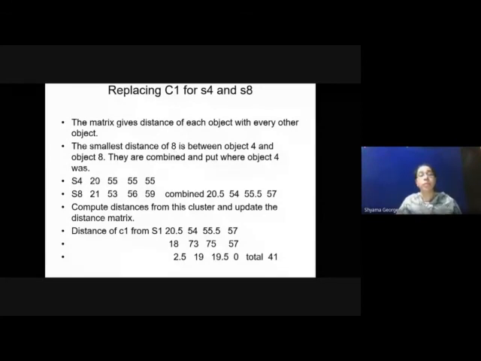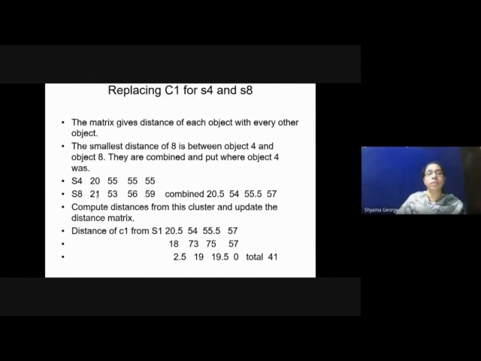The values of S4 are 20, 55, 55 and 55, and S8 are 21, 53, 56, 59. When you combine, the value of the new cluster can be taken as 20 plus 21 divided by 2, that is 20.5.